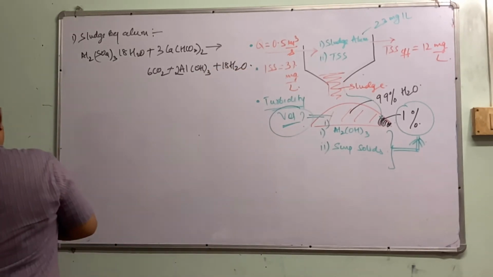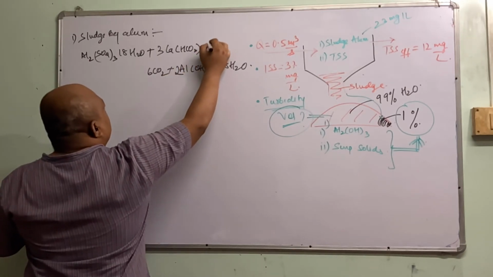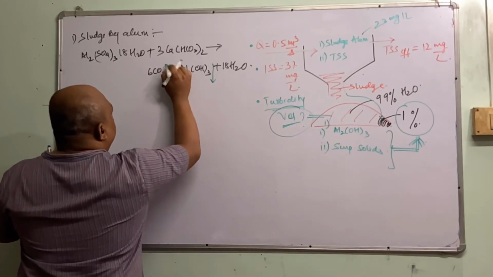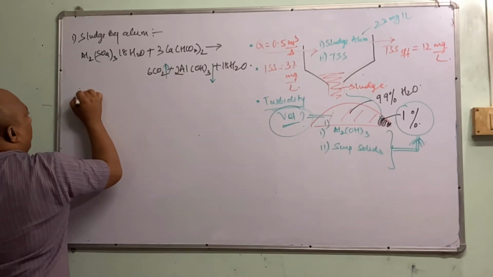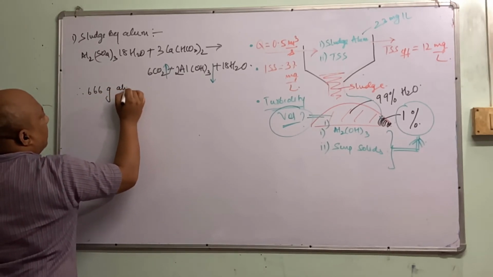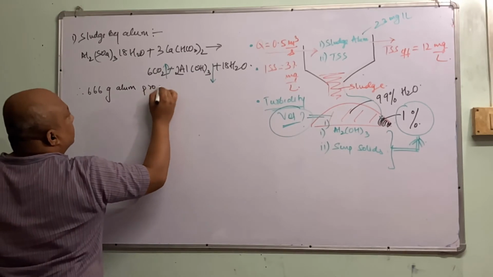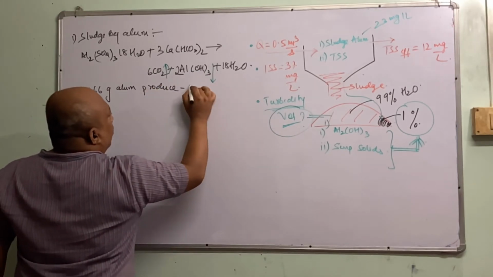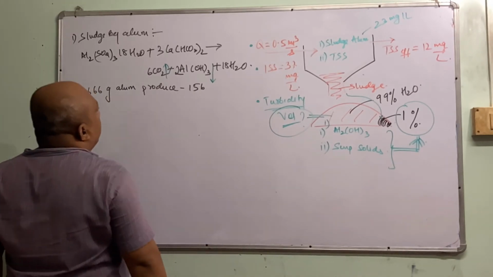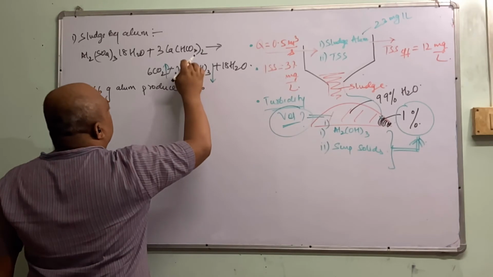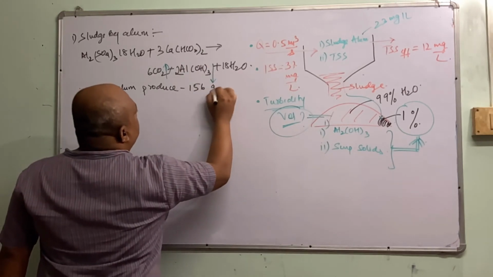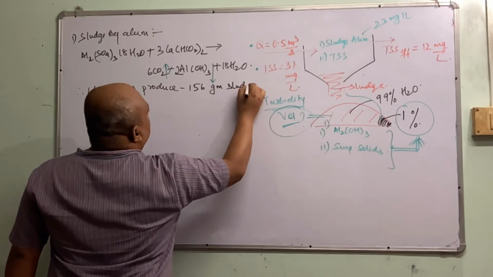The Al(OH)3 is settling down as sludge, carbon dioxide is going up. Therefore, 666 grams of alum produce 156 grams of sludge.